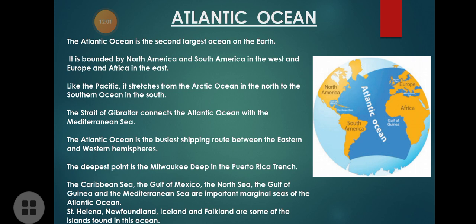The Atlantic Ocean is the busiest shipping route between the eastern and western hemisphere. A large number of ships always move in the Atlantic Ocean. Comparing with other oceans, the Atlantic Ocean exports more materials from the northern and southern hemisphere.